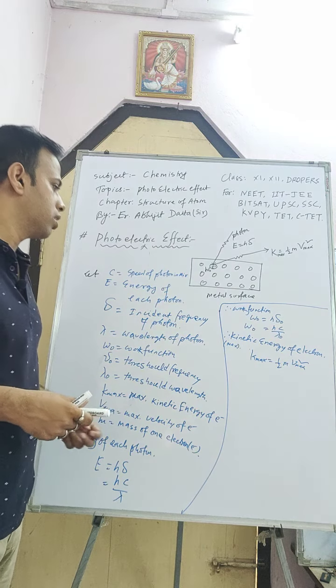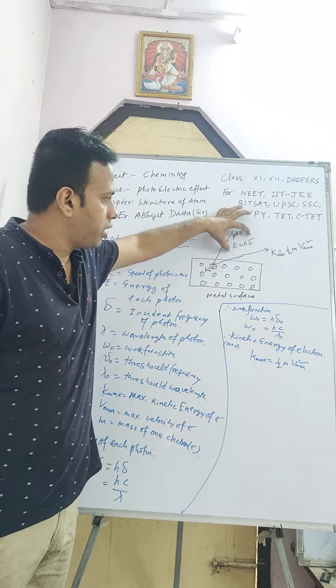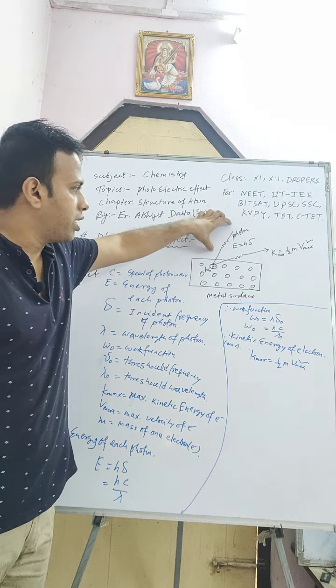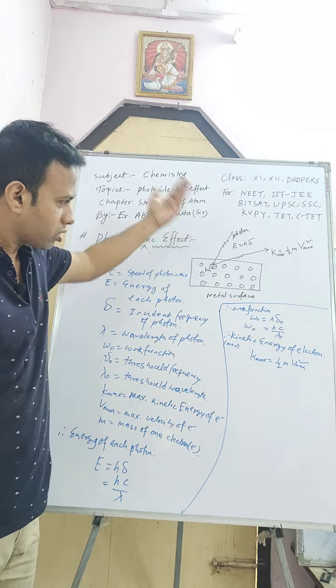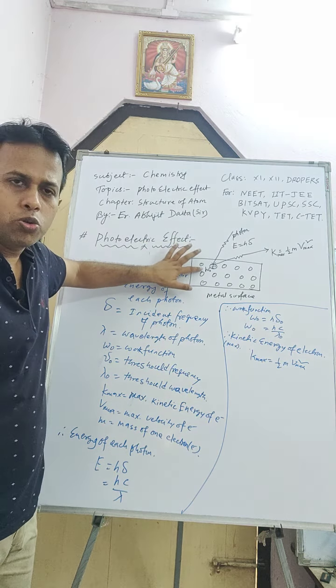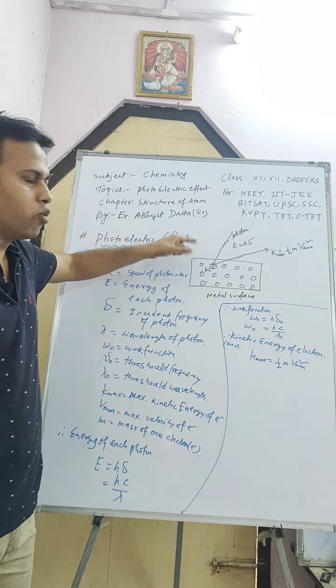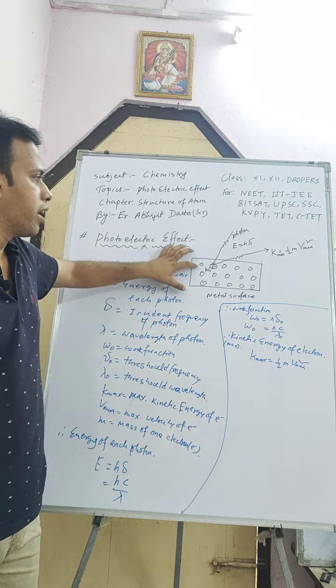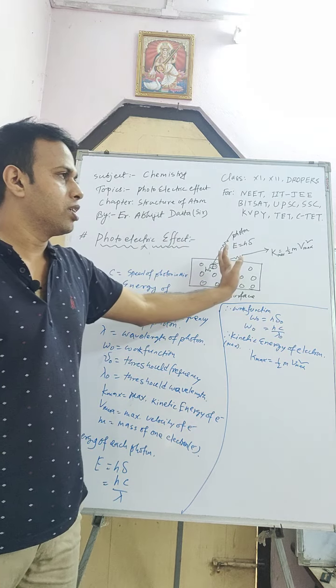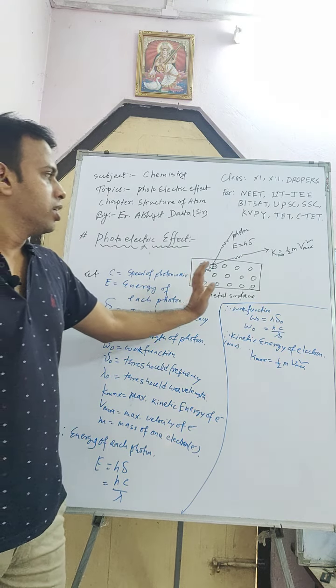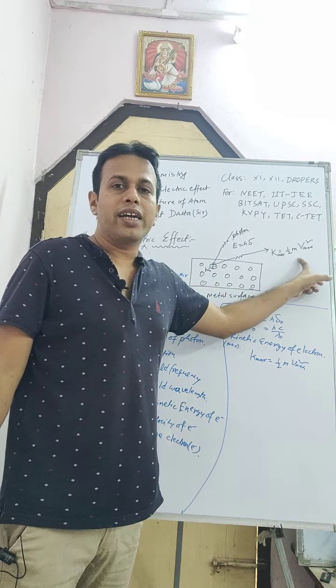Now this is the total energy, and some energy of the photon is lost due to the work function, because of the nuclear force between the electron and nucleus. The rest of the energy becomes the kinetic energy of the electron.